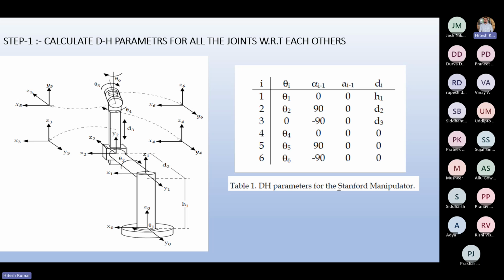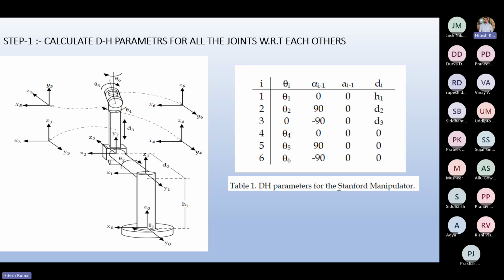It is changing the place like this, so that's why 90 degrees. I'll explain how. Theta 1, theta 2, theta 3 is 0. Theta 3 is 0, theta 4 is here, theta 5 is here, theta 6 is here.